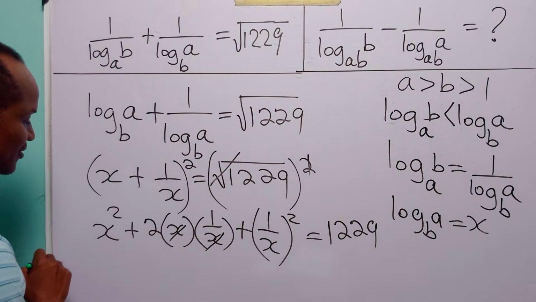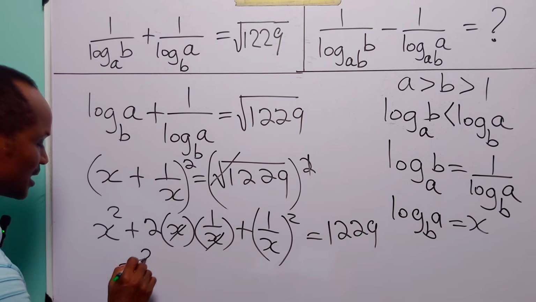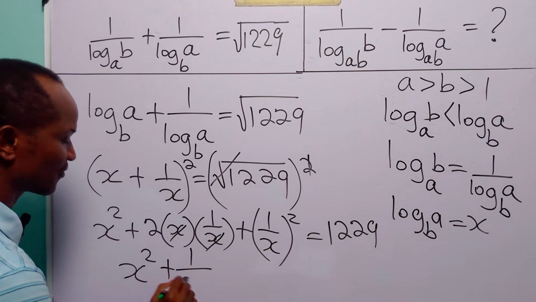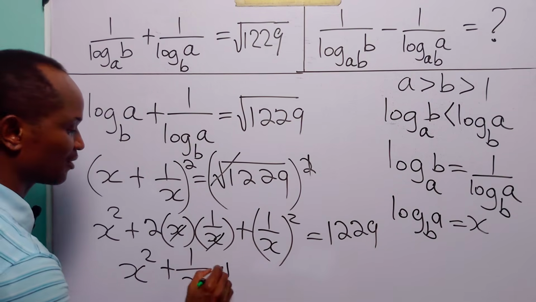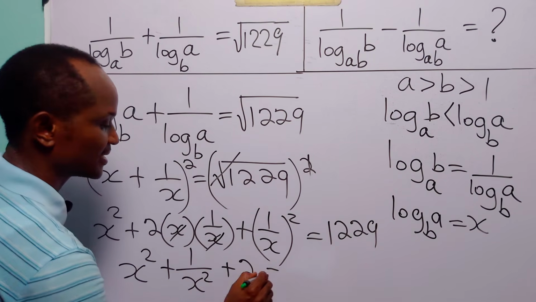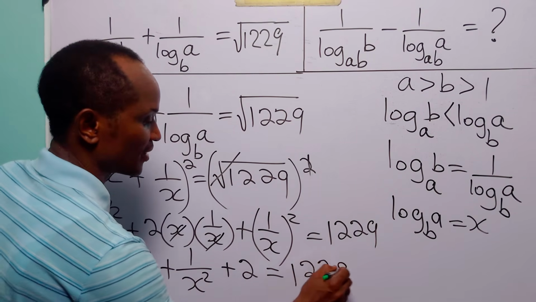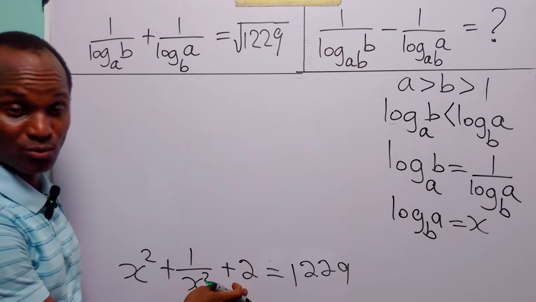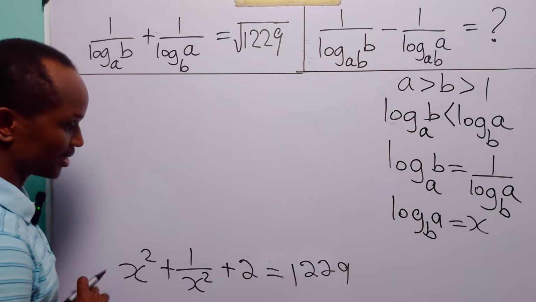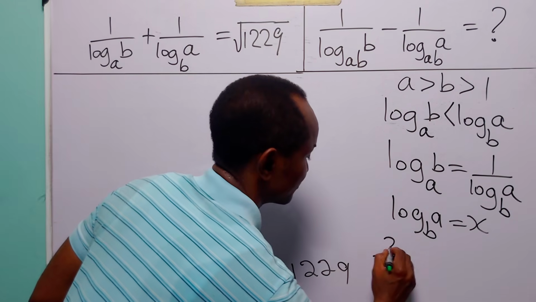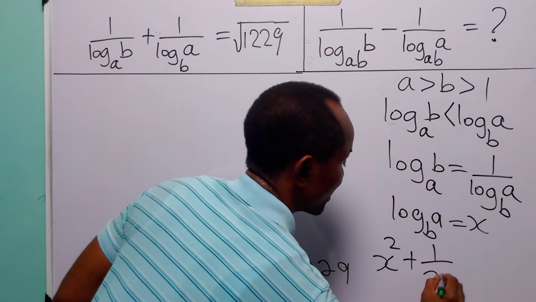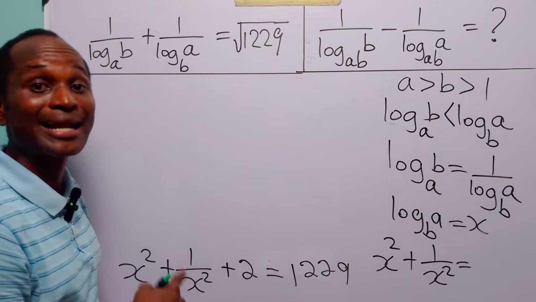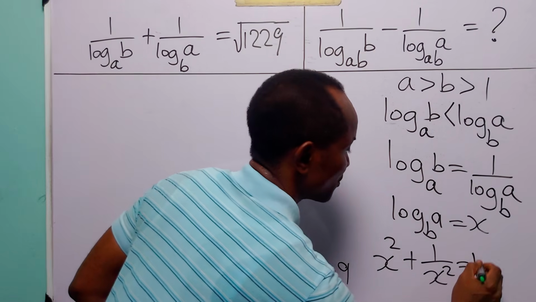And on the left-hand side of this equation, we have x squared plus 1 over x squared plus 2 is equal to 1229. And when we subtract 2 from both sides of this equation, we have that x squared plus 1 over x squared is equal to 1229 minus 2, which is equal to 1227.